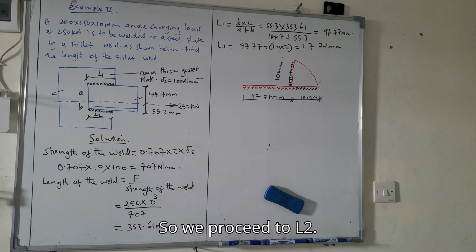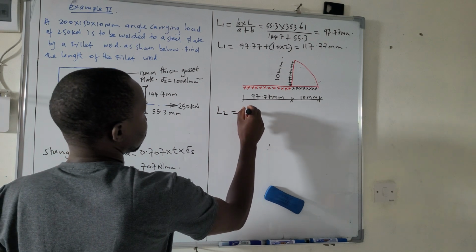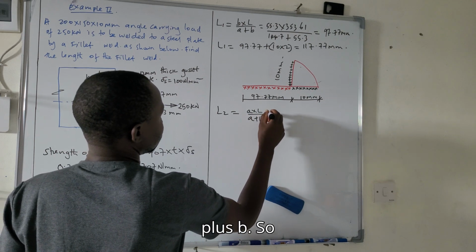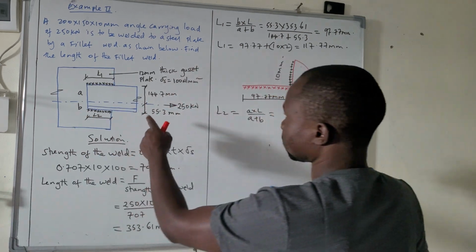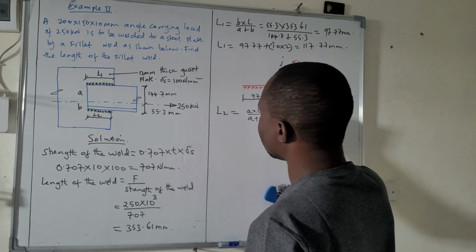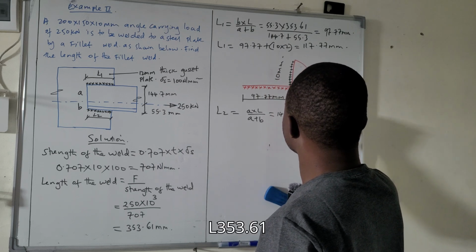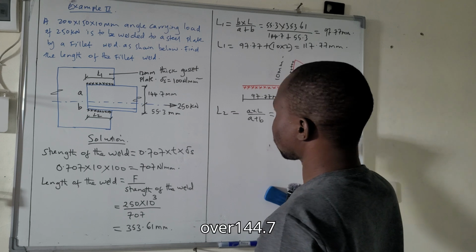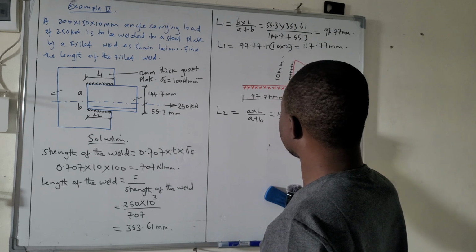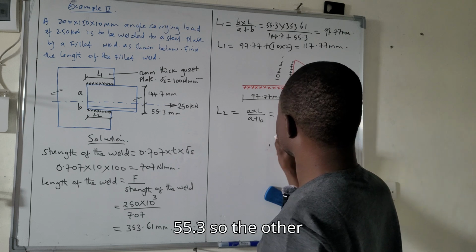So we proceed to L2. L2 will be A times L over A plus B. So A is 144.7 times L, 353.61, over 144.7 plus B. B is 55.3.